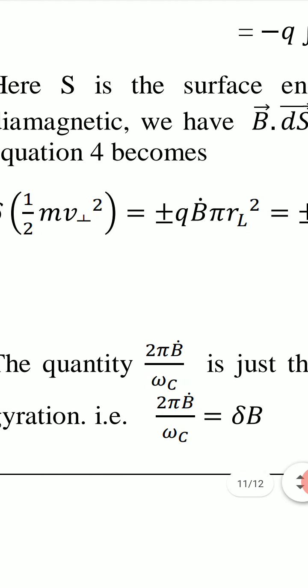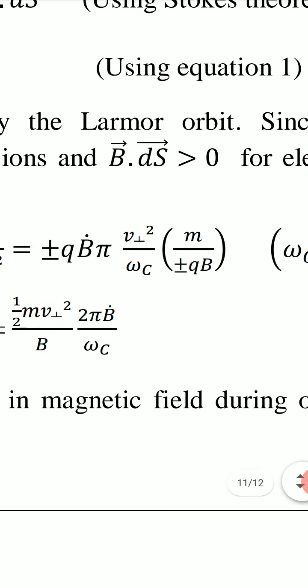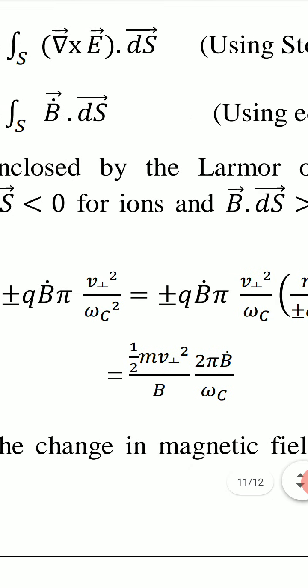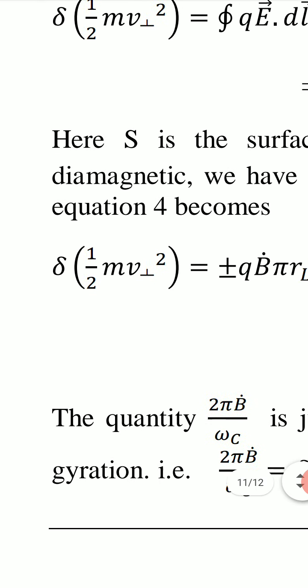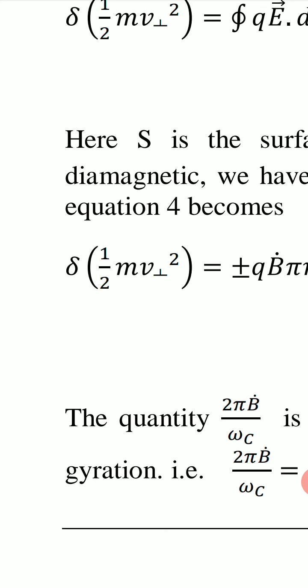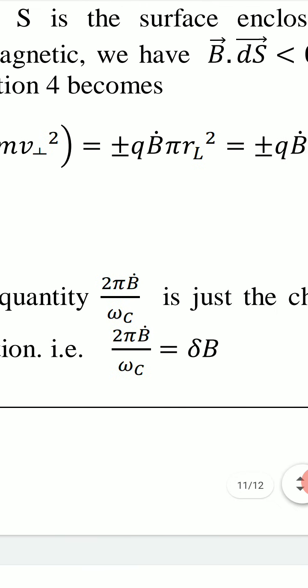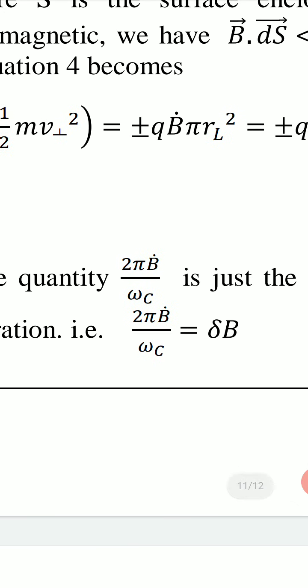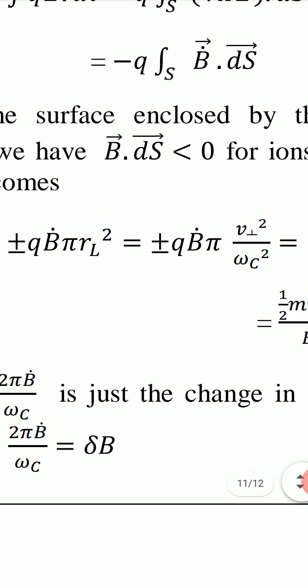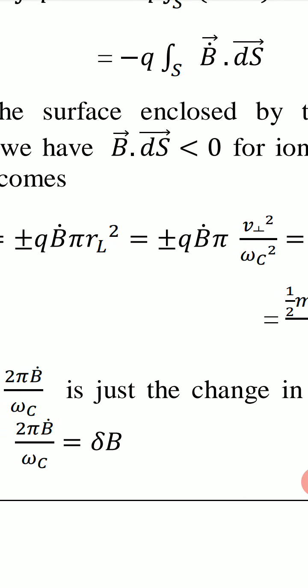Then equation 4 becomes delta half m v perpendicular square equal to plus minus q B dot pi r L square.